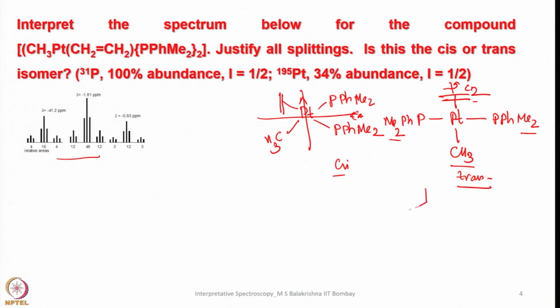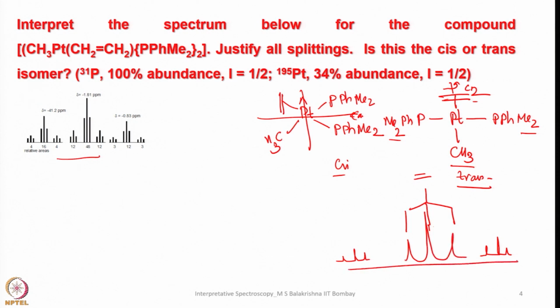For example, it first splits into a triplet, this I am writing for ethylene protons, and then because of platinum coupling we will see something like this coming here. And then here we have, so this is one set. And then if you look into the CH3 protons, the same case is there.